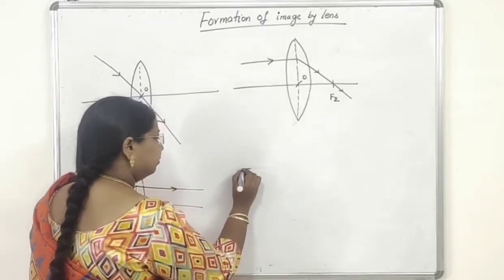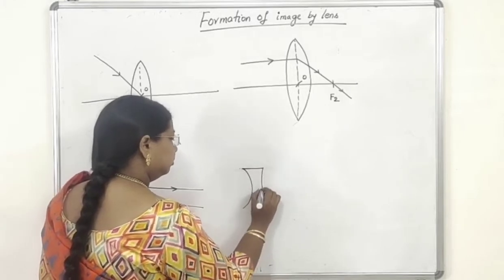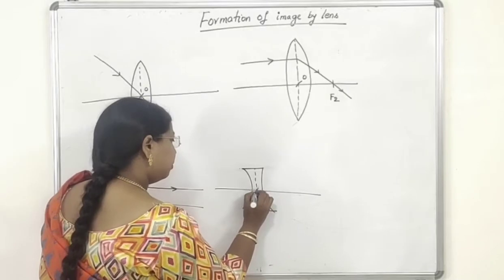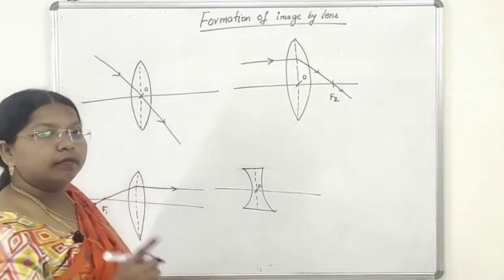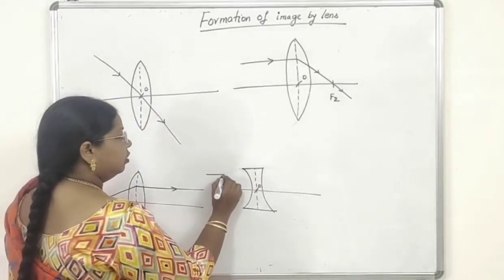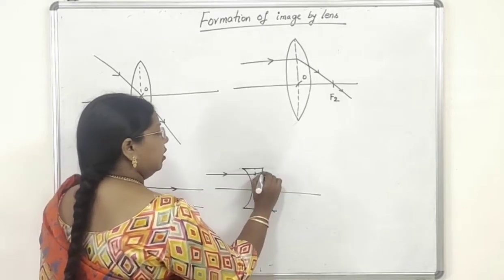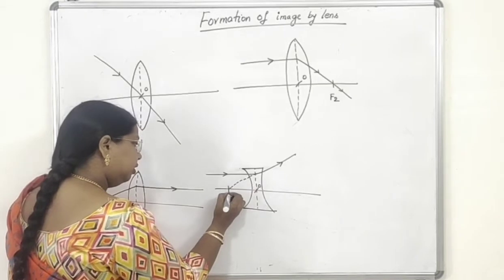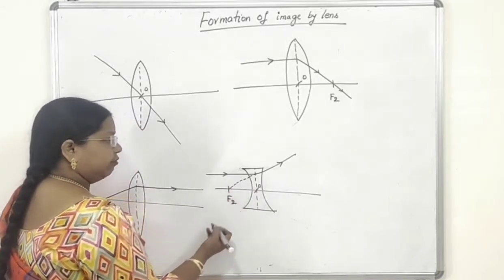In concave, this is your principal axis, optical center. When it is traveling parallel to the principal axis, it diverges, and this one appears to meet at a point F2.